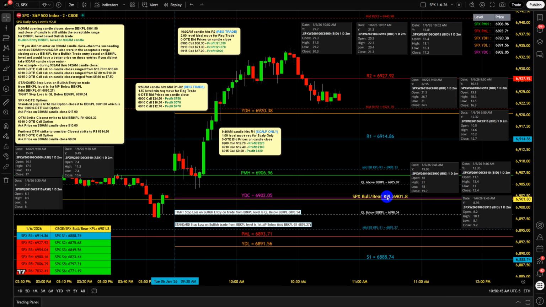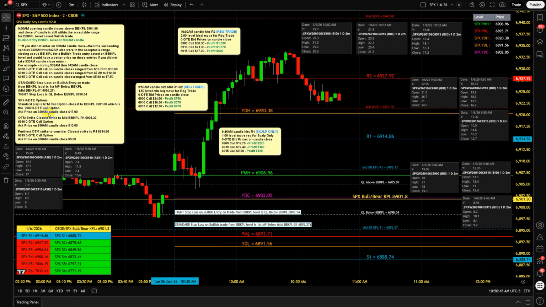So the closest strike to that is going to be the 6900 strike. SPX index options, if you're not familiar with the strike increments on those, they trade in $5 strike increments. So for example, 6890, 6895, 6900, 6905, 6910, etc. So the 6900 strike is going to be the closest. We'll be using a call option since we have a bullish entry.